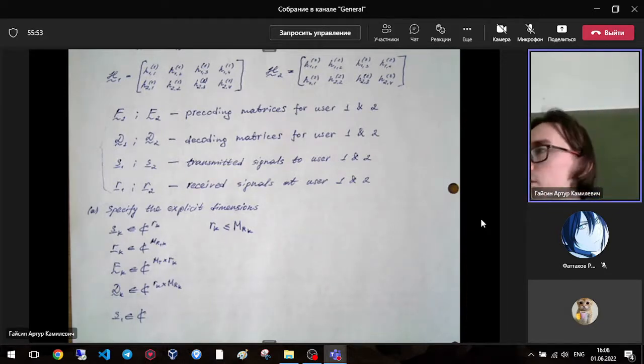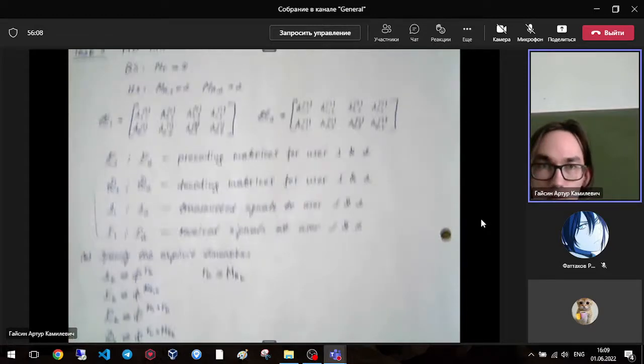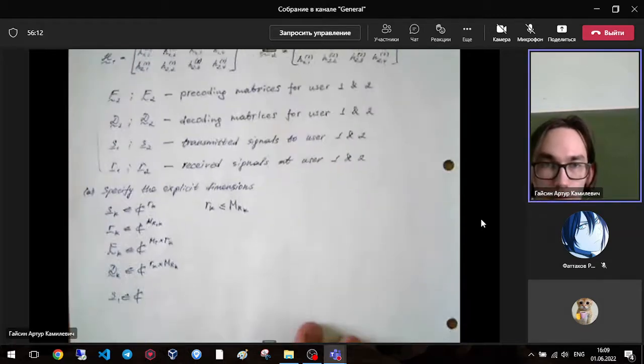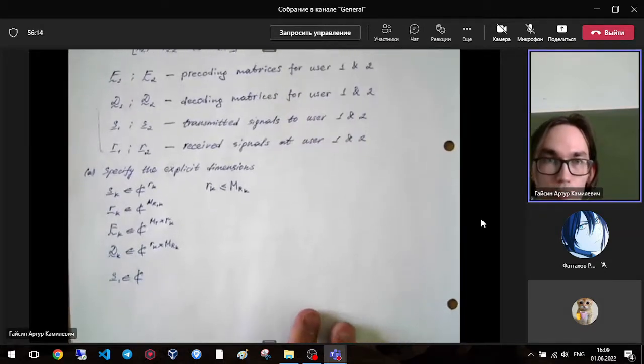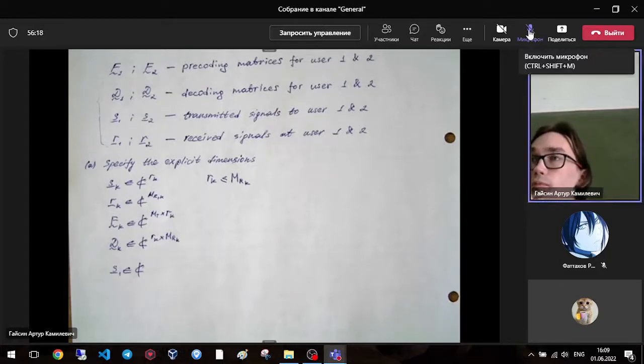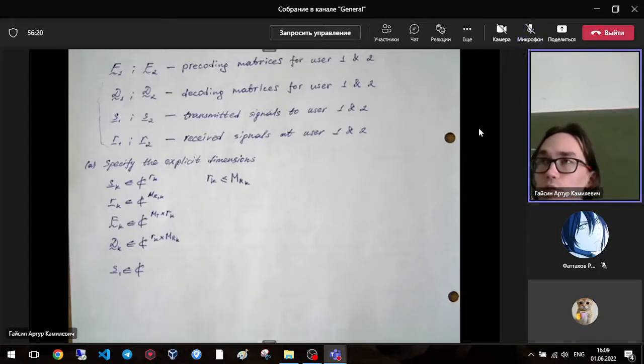So what is the size of the S1? Because maybe you will have something like this on the exam. So you can see the number of receive antennas here, and I think you can say the size of this vector in this case. Oh, yes, it is just 2 times 1.